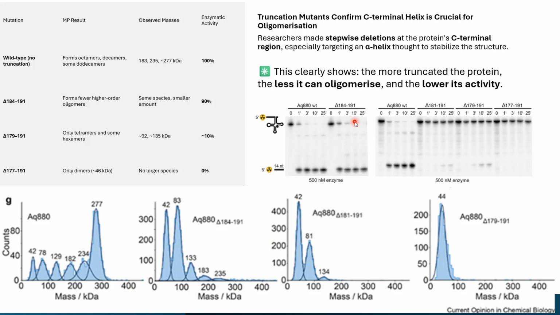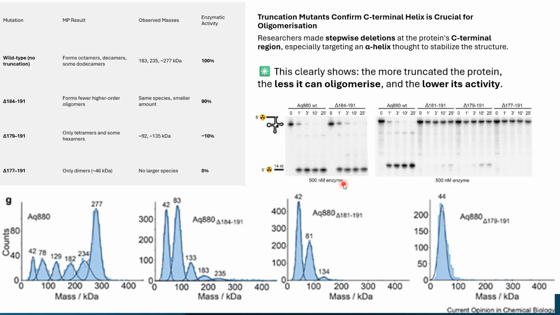By disturbing the alpha helix, they found that the formation of octamers, decamers, and various higher order oligomers is disrupted. Because of this, its activity also decreases. Here you can see in the gel images that the processing of the tRNA is decreasing in the C terminal mutant.